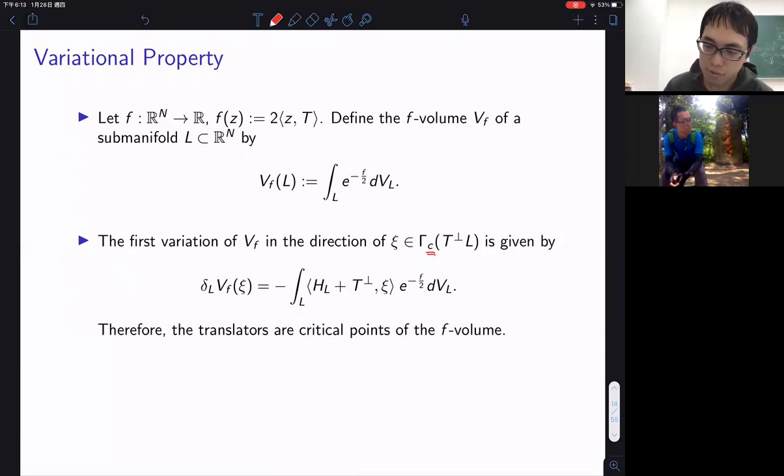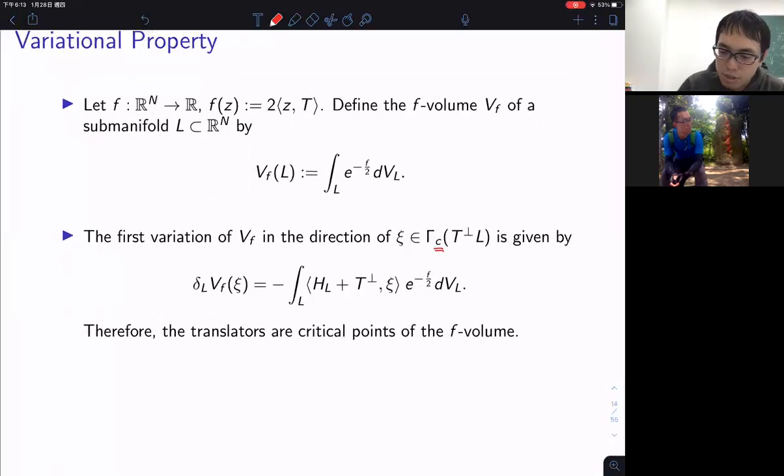If you compute the first variation, what you get is that the gradient vector field of this f-volume is exactly equal to the vector appearing in the definition of translators. And therefore, the translators are just critical points of this f-volume.